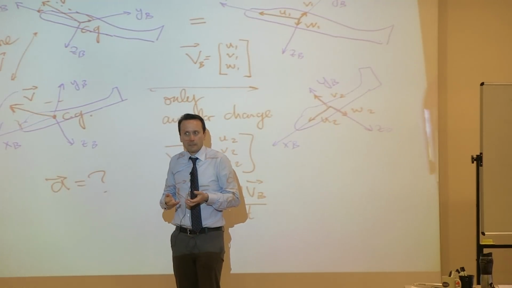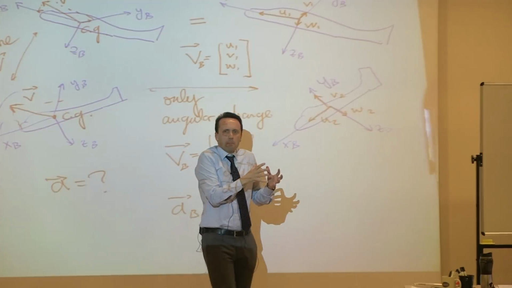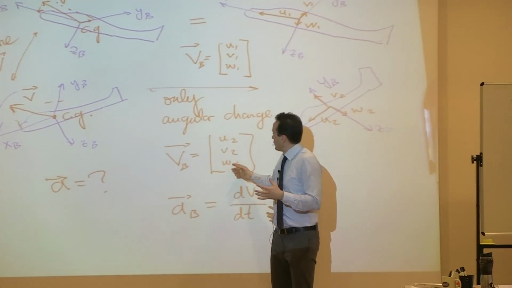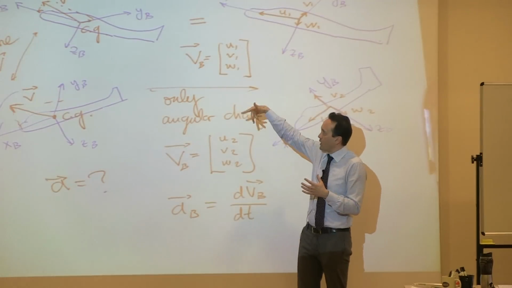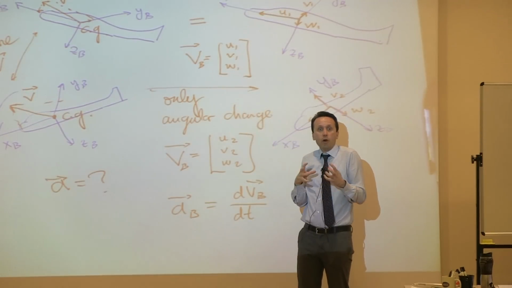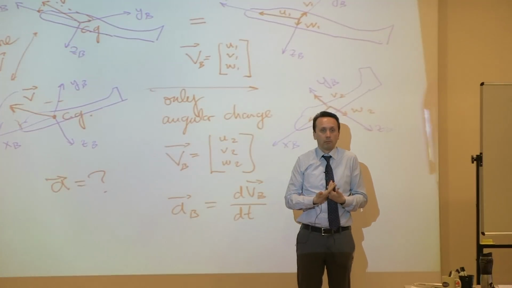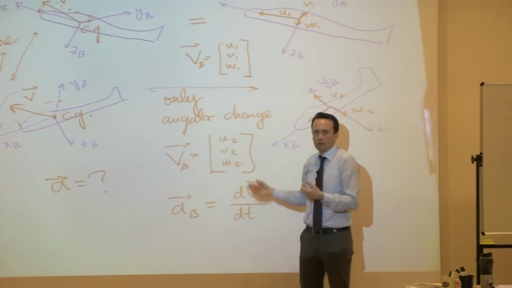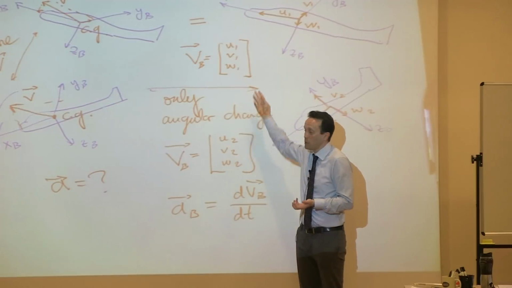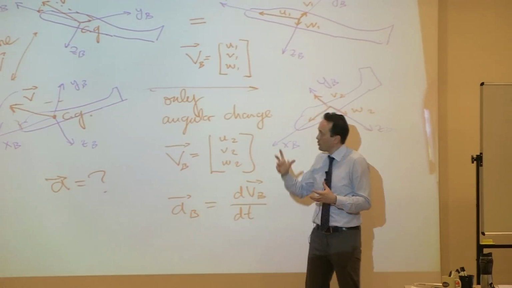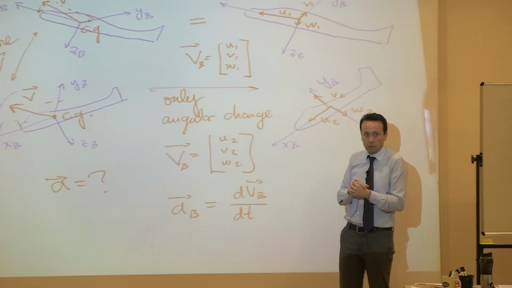Understand? So somewhere in the equation must be the angular velocity of that airplane so that I can know where this change in numbers is coming from. Because if I just look from here to here, it looks like it has an acceleration because the numbers are changing. But it is changing because of my attitude change.